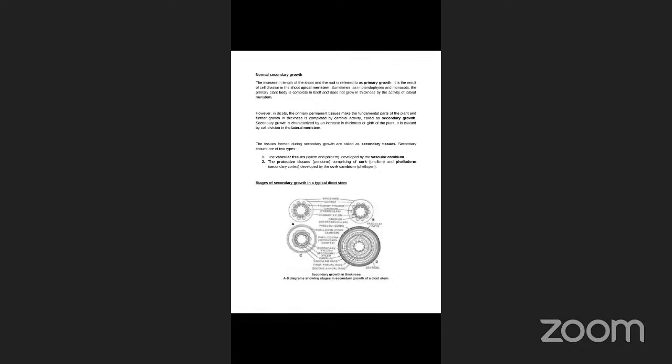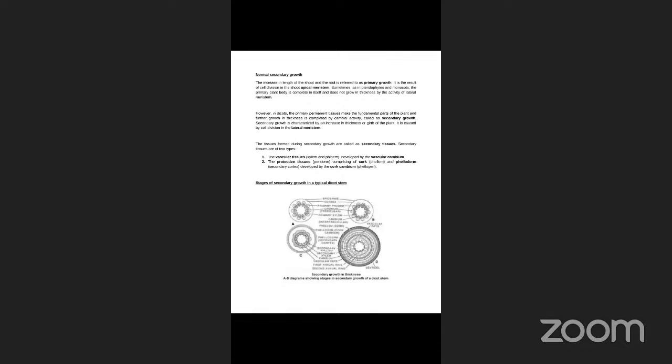Increase in plant growth due to vascular cambium or cork cambium is called secondary growth.